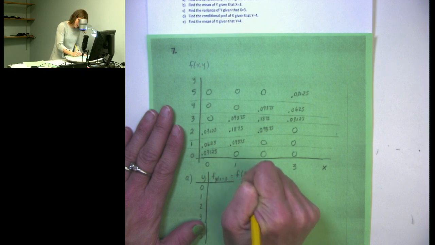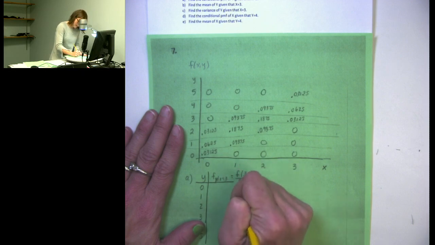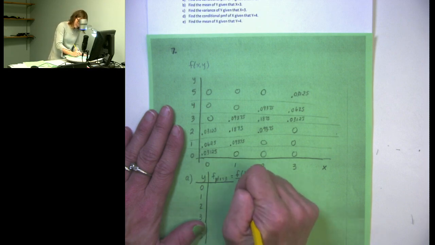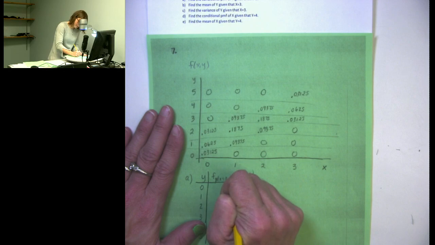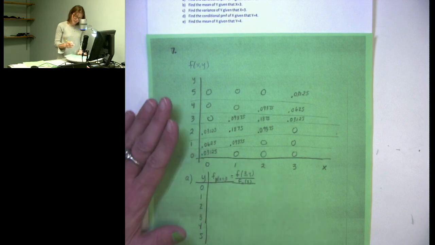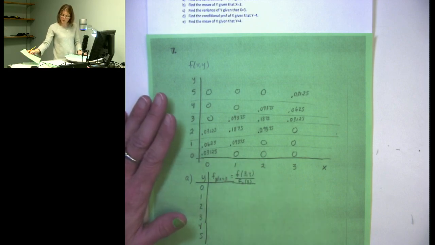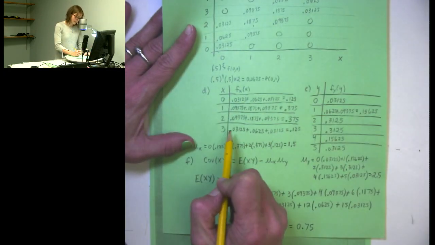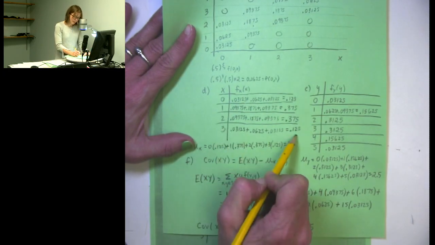So what we're going to be doing is looking at f of 3, y divided by the marginal probability that x is equal to 3. That's what we're going to be putting in here. Looking at what we did last time, we can see our marginal probability that x is equal to 3 is 0.125.